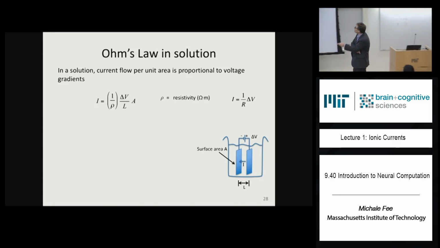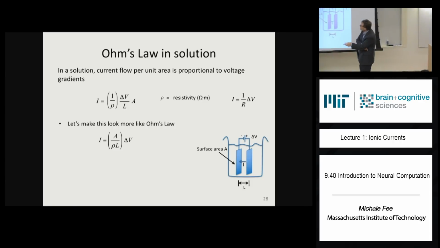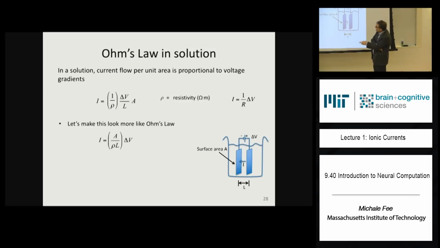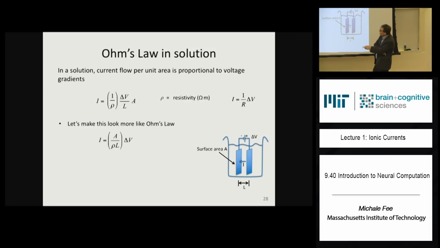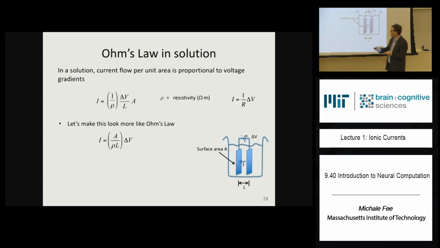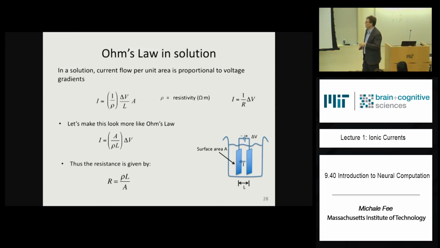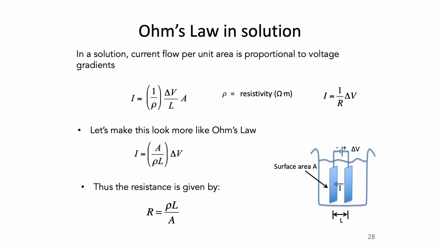Let's rewrite that a little bit so that it looks more like Ohm's law. And that thingy right there should have units of what? 1 over ohms, right? So that is 1 over resistance. Let's just write down what the resistance is. Resistance is just resistivity times length divided by area.